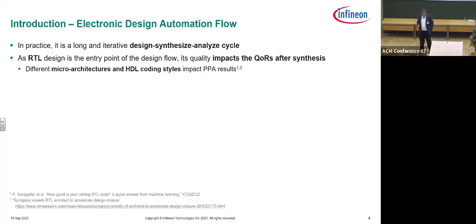Also important is, and that's also why we take a bit different approach: for us, it's not sufficient to make a prediction or analysis. We also need feedback on what we have to change. Or automation, which is our final goal, reinforcement learning, to pre-optimize my RTL code to come up with better results.